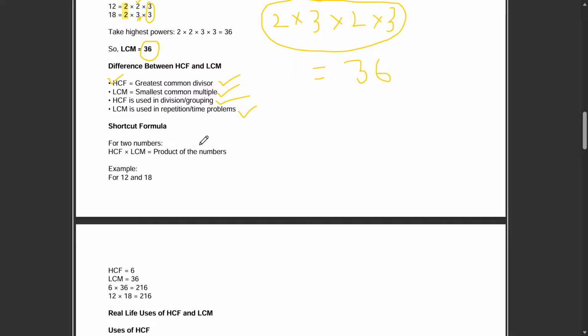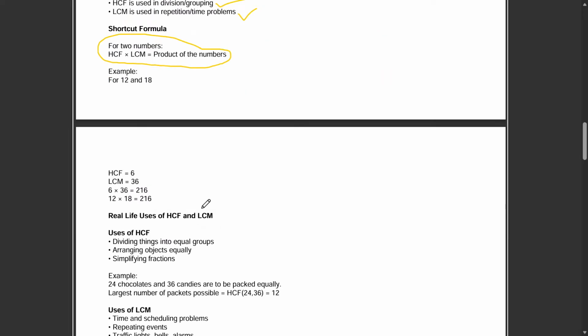This is a very important formula for any competitive exam. Let's take an example: 12 and 18.